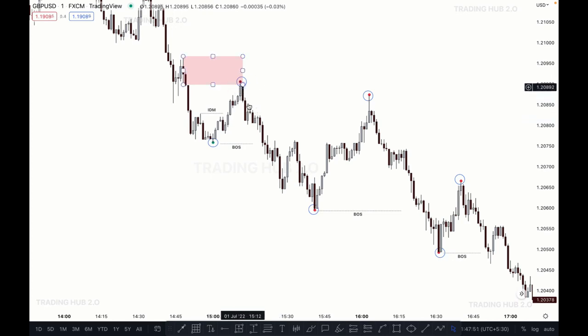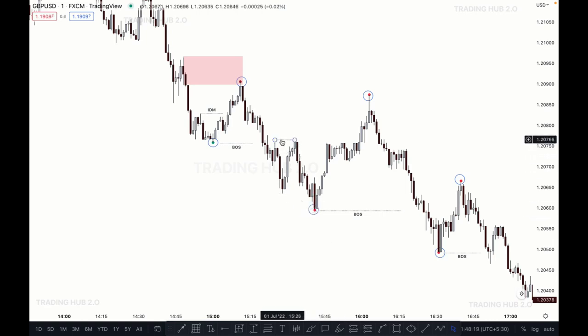The same thing happened here: the market broke the structure and pushed downside, and after breaking this structure, our recent high is here. Now you can see the market did not break this high, and then the market created a new low here.